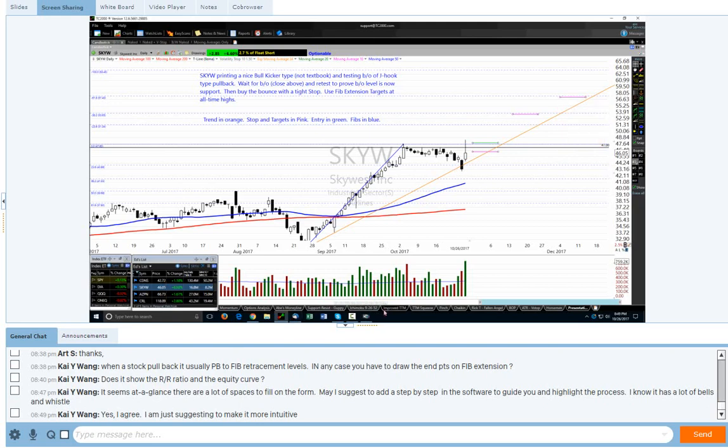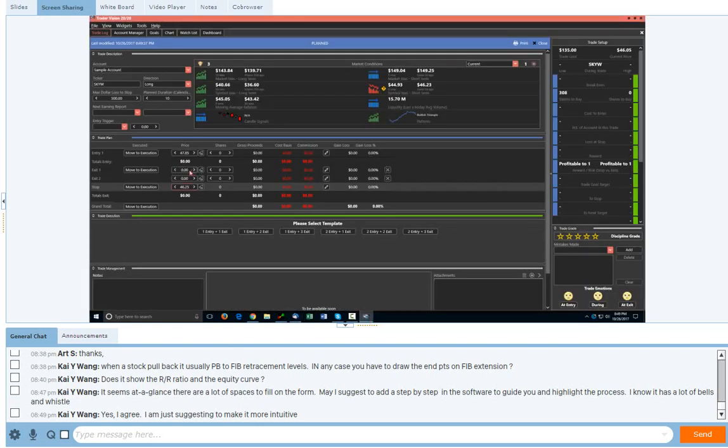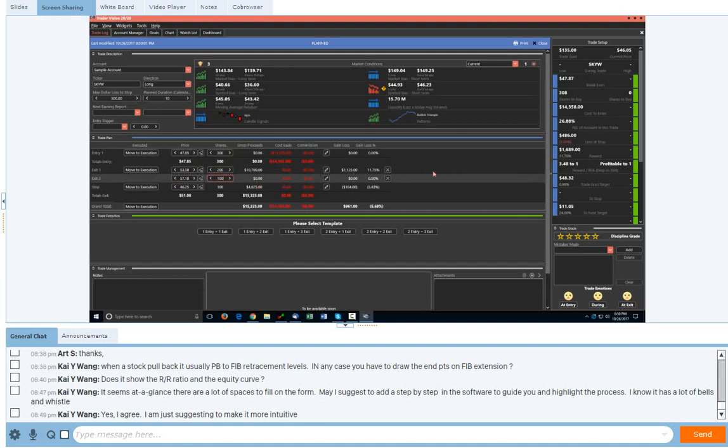Let's just call that 53.50 and 57.10. Says I can buy 300 shares, so let's just buy 300. And let's sell 200 at the first stop and 100 at the next exit, I should say. And this is a more reasonable trade, so we're making almost 12% at the first exit.